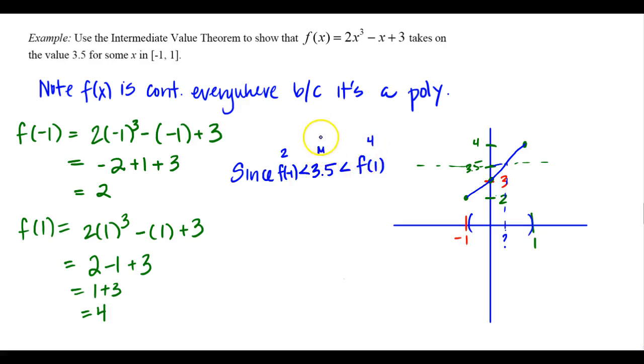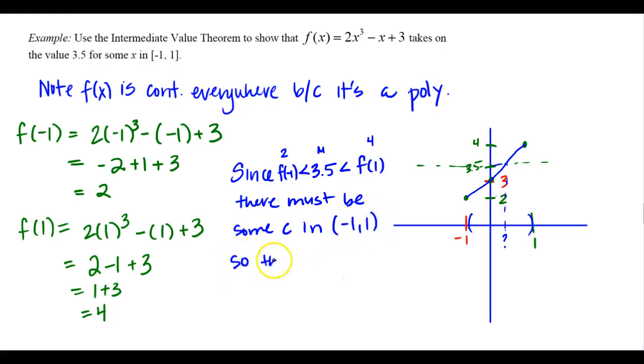If you remember the actual statement of the IVT, for every m that I choose, there has to be some corresponding point between 2 and 4 that takes us to the value of 3.5. So since 3.5 is between f of -1 and f of 1, there must be some c in the open interval from -1 to 1 so that f of c equals 3.5.